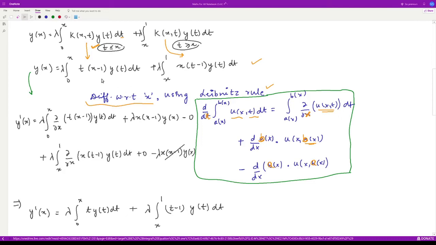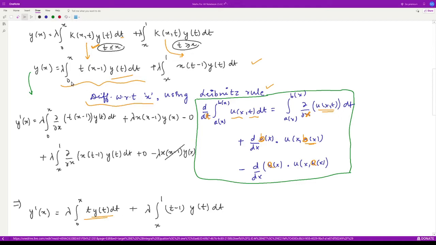So let us apply it onto the first integral. What do we get? We get lambda integration from 0 to x. First of all, the partial derivative of this whole term with respect to x would just be t y(t) dt. Then the derivative of x with respect to x is 1, and if we substitute x in place of t here, we'll have lambda (x minus 1) y of x, right?